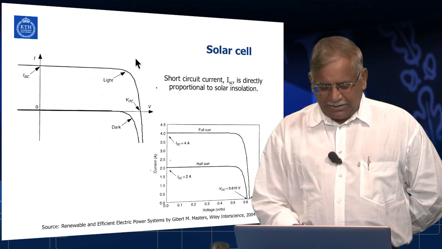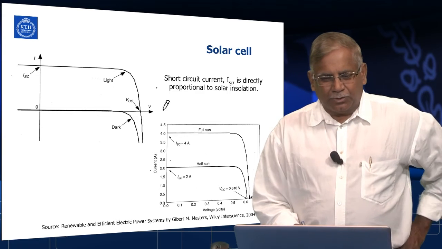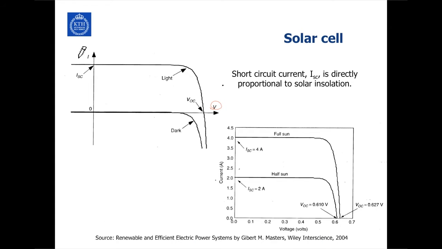So, if you plot that, what we are doing is plotting voltage versus the current. When the voltage is equal to 0, we have the short circuit current, and then as you increase the voltage, when the light is shining on it, the curve is followed until the current is equal to 0.